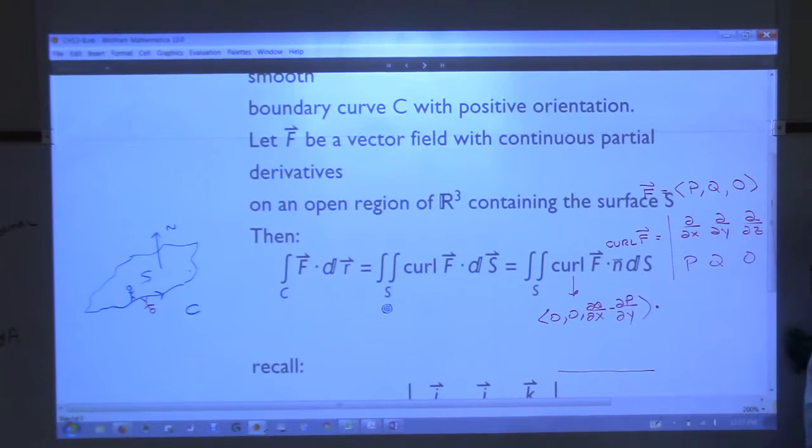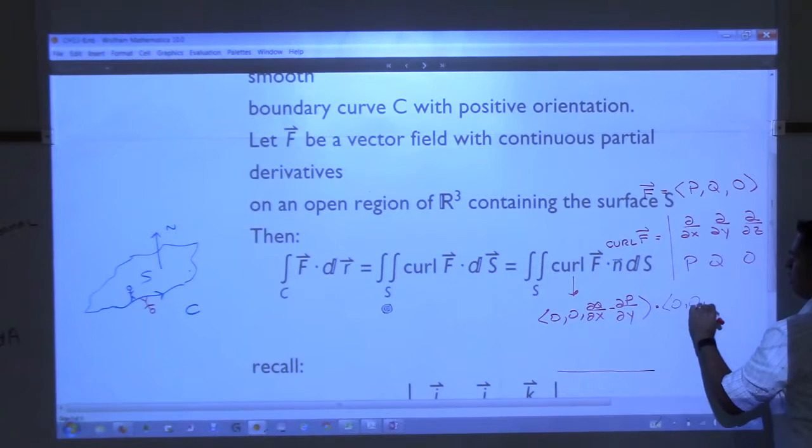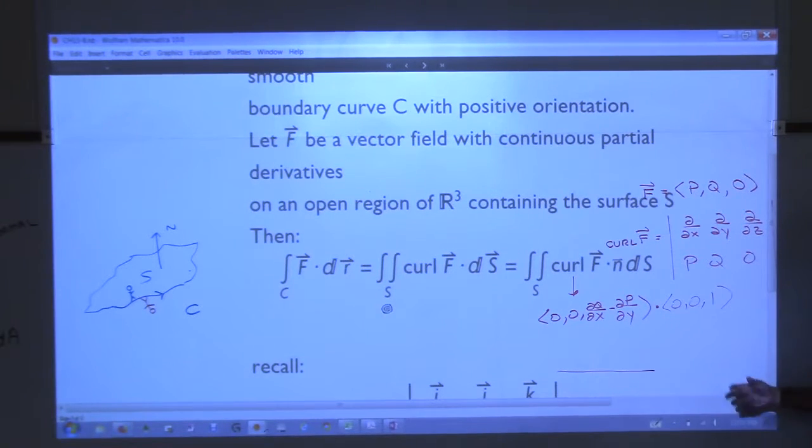What's the normal vector? If you're in two-dimensional space, but we've extended it to 3, your surface is on the xy plane, right? Which means your normal vector is what? Coming out at you. It's on the ground, let's say like that, right? The xy plane, laying down, your normal vector would be like this, which would be the vector 0, 0, 1. And when you dot those, what do you get?